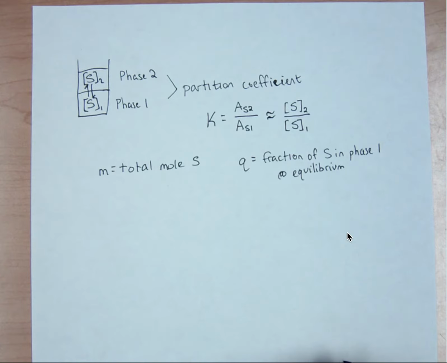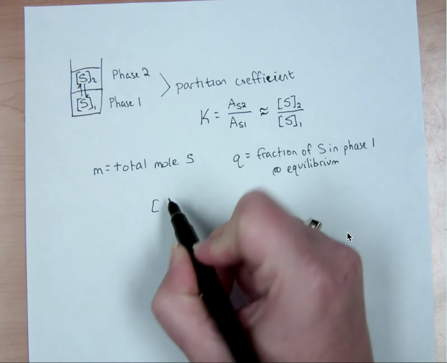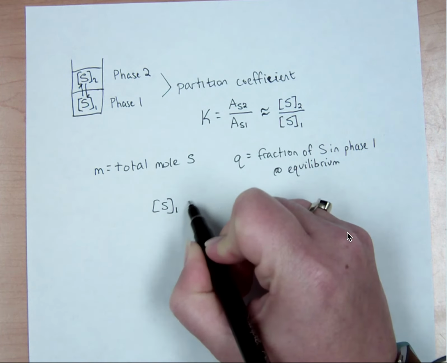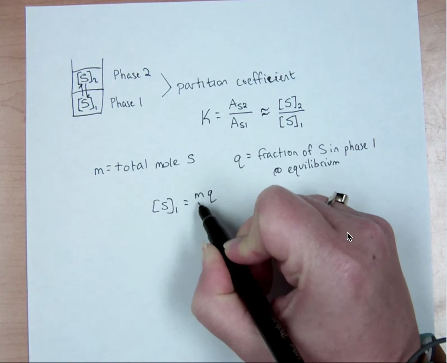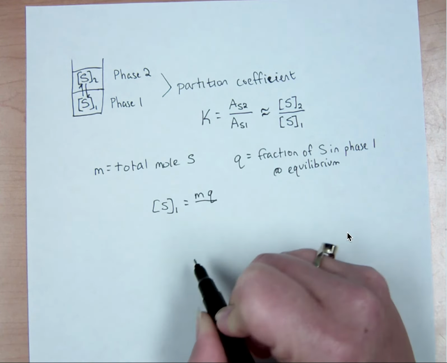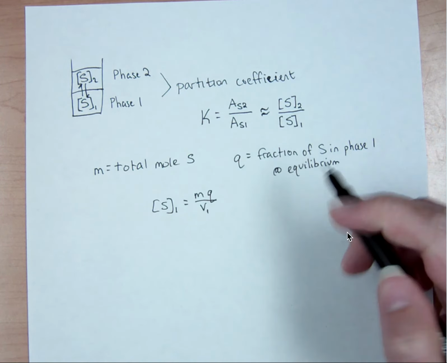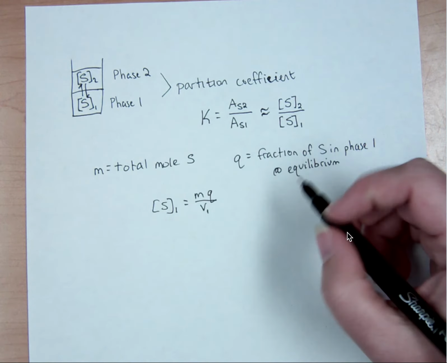Okay. So if I define these two, then the concentration of our analyte S in phase 1 is our total moles times the fraction in phase 1, divided by the volume of phase 1. And that would be the concentration in phase 1 when we're at equilibrium.